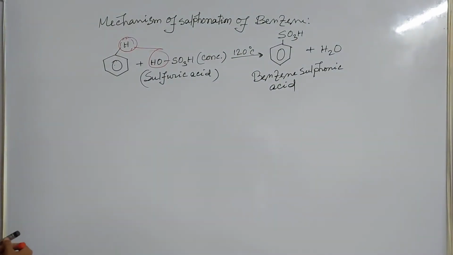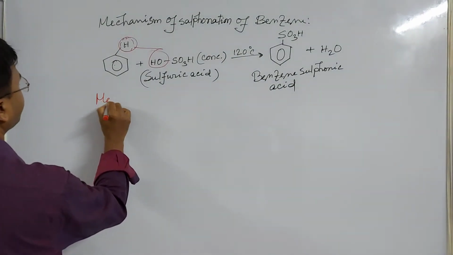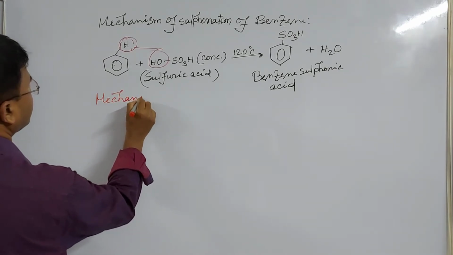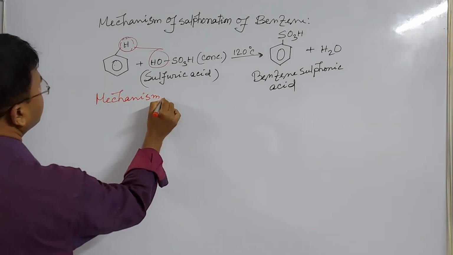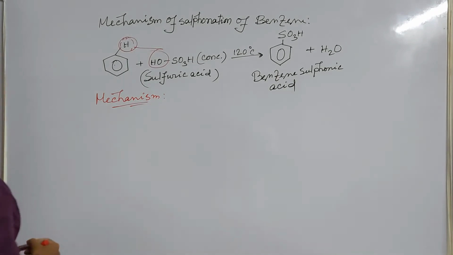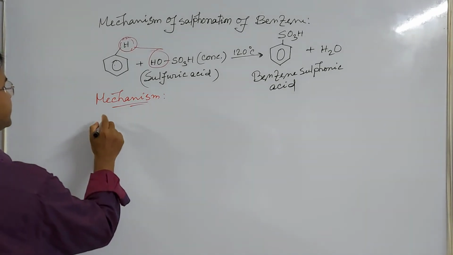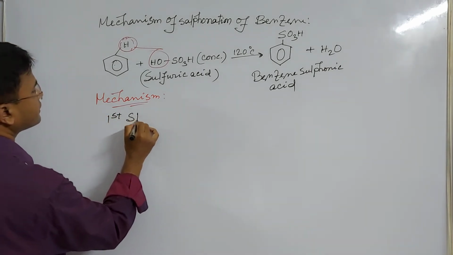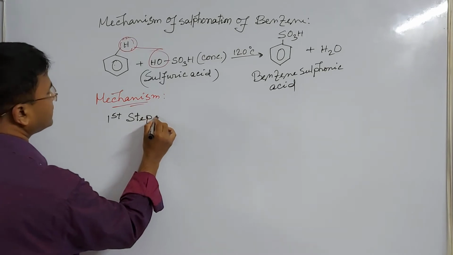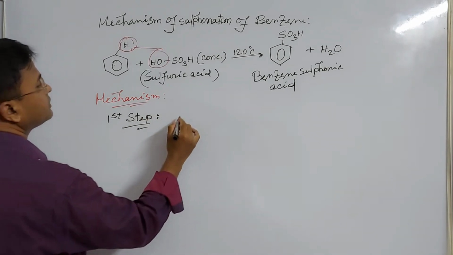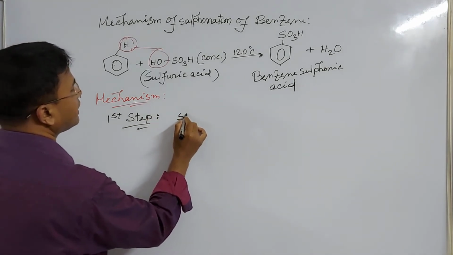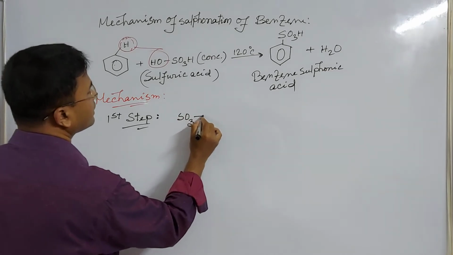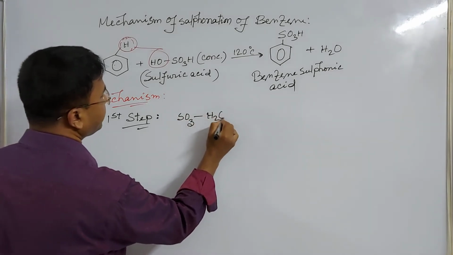Now come to the mechanism of sulfonation of benzene. In the first step, this is sulfuric acid.